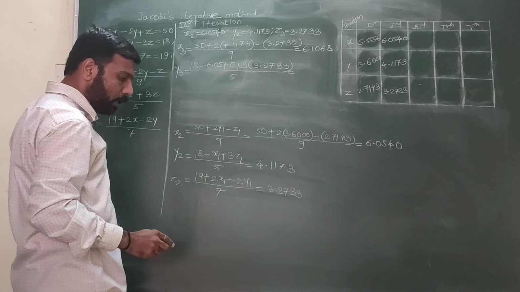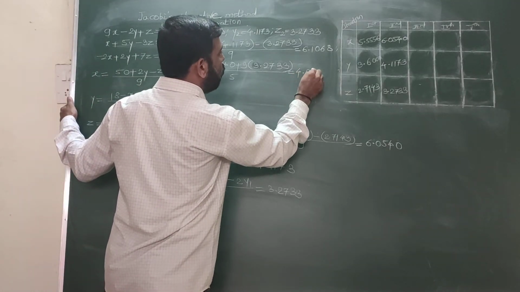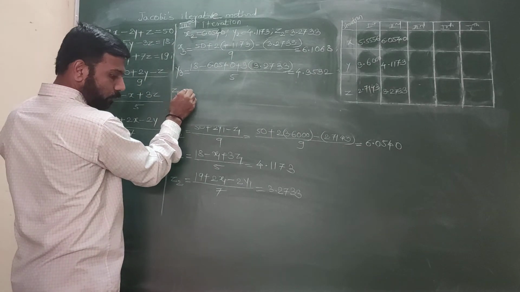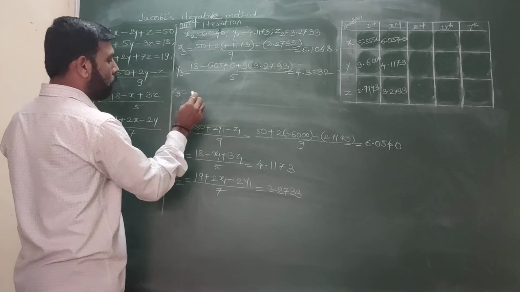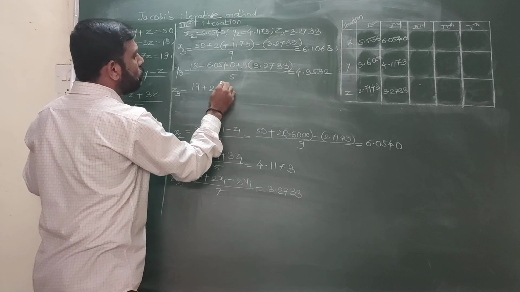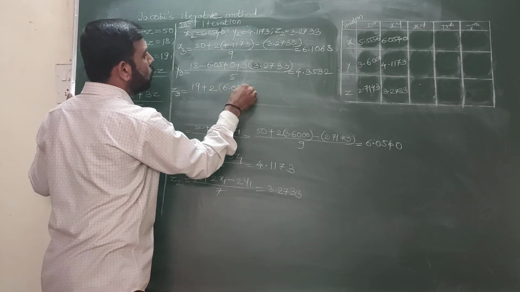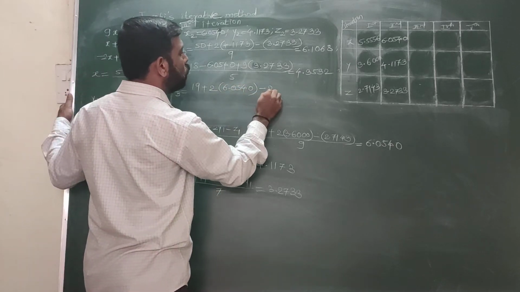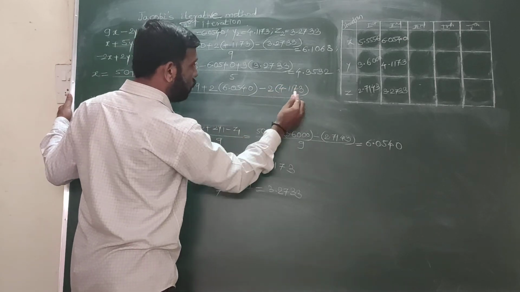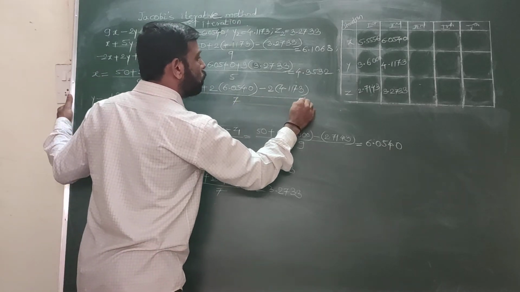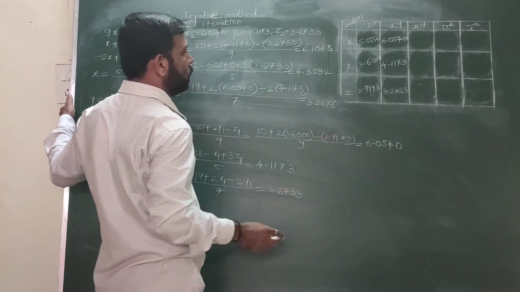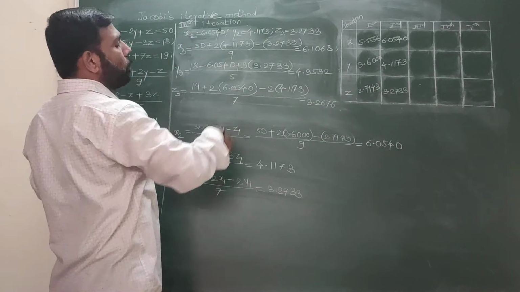Calculate this. y3 becomes 4.3532. For z3, it becomes 19 plus 2x2 minus 2y2, that is 4.1173, divided by 7. The output of this is 3.2676. So this is our third iteration.